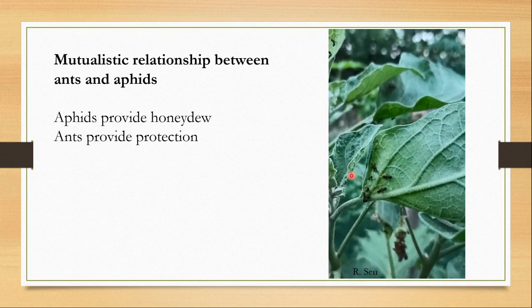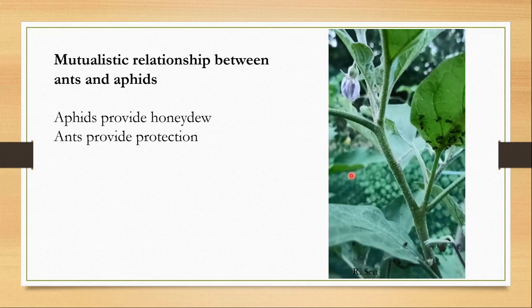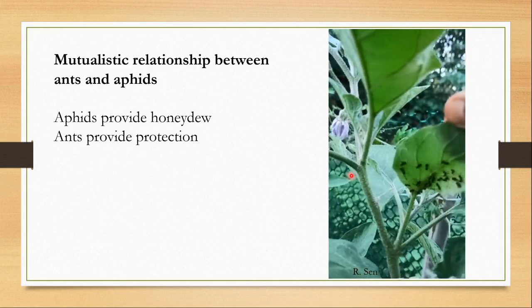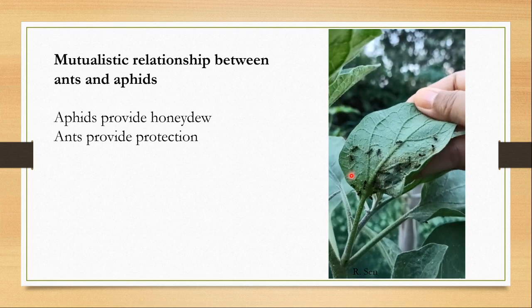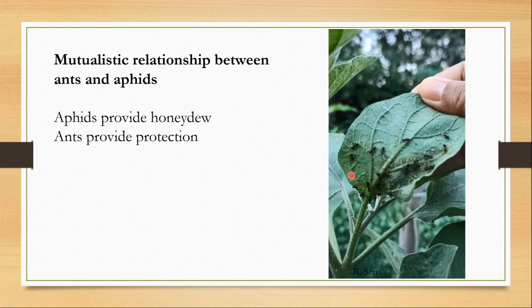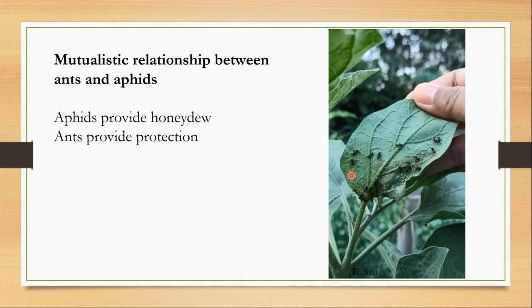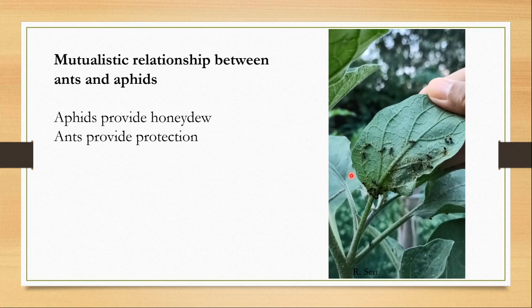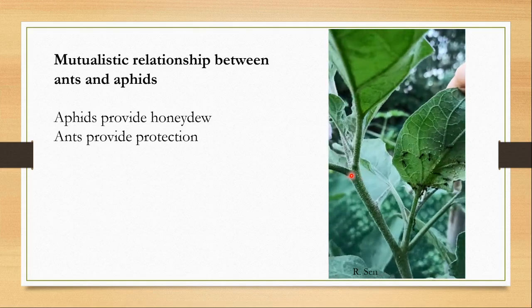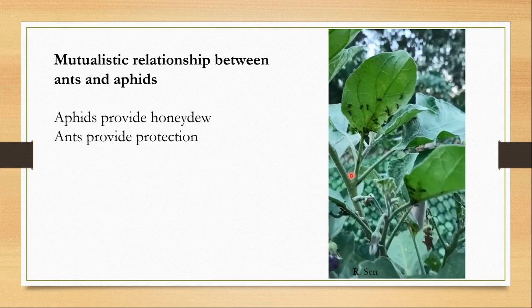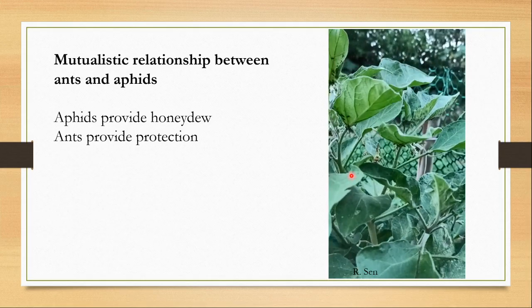What kind of reward are these ants going to get from these aphids? The aphids secrete honeydew. They suck the plant sap and make some concentrated sugary juice which they secrete from their abdomen. And the ants tend them to get that honeydew.